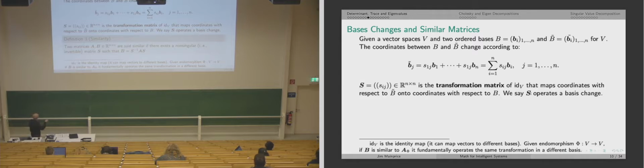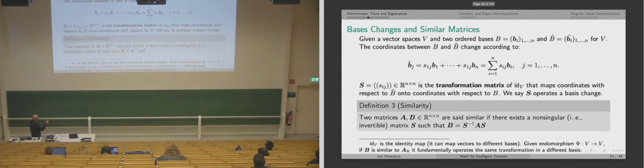Now, similarity is defined by having two matrices that are related in this way. And when we have this relationship between A and B, we say that A and B are similar.